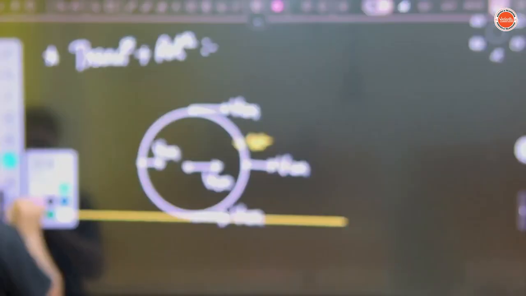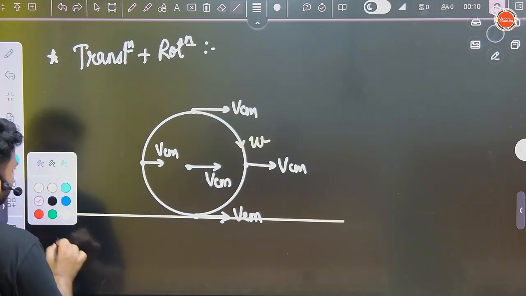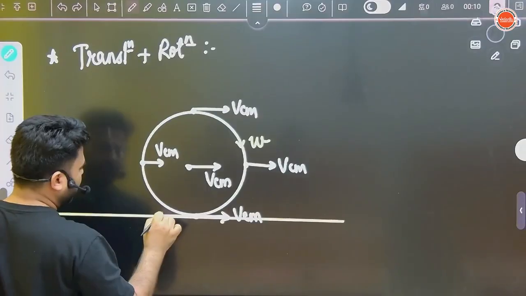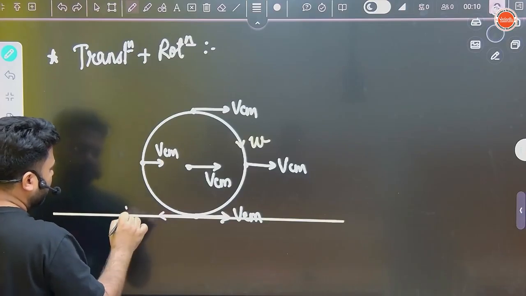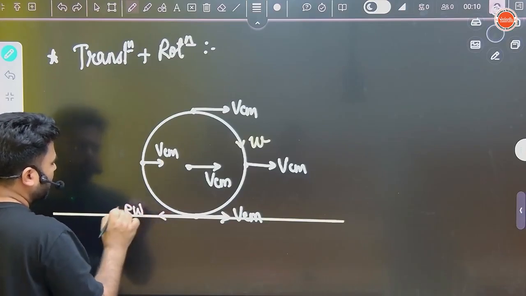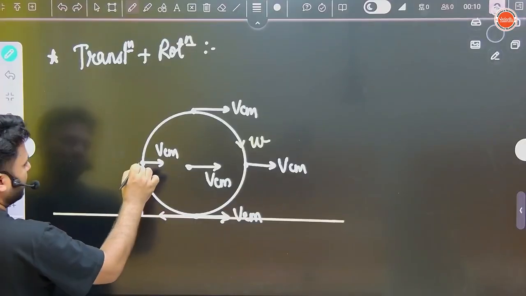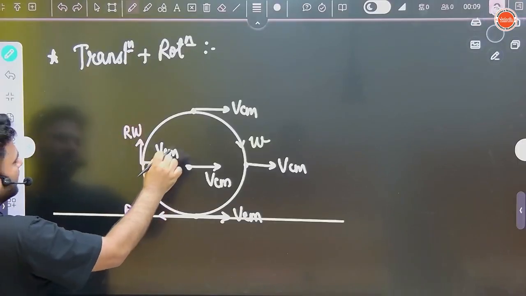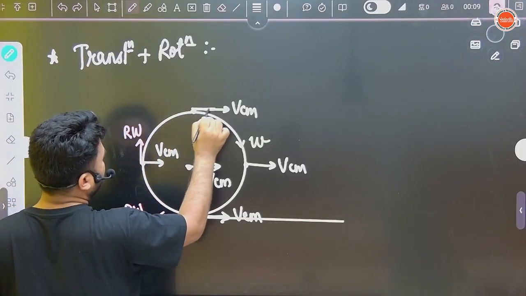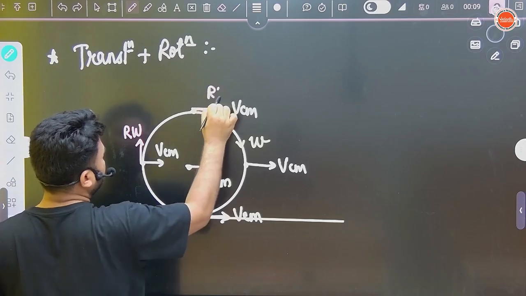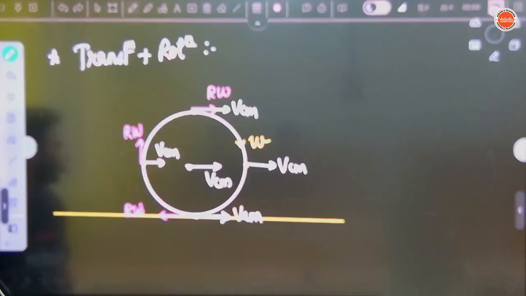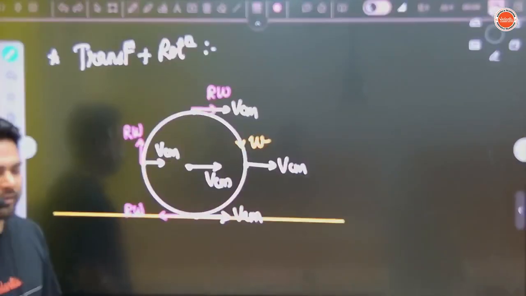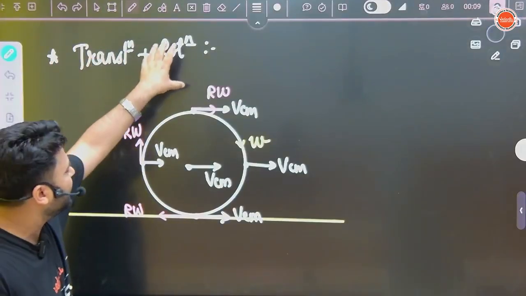At this point, if someone asks what is the speed, I will write r omega. Here also r omega, here also r omega. This speed I am writing due to rotation, and this vcm I have written due to translation. But it is doing translation as well as rotation.